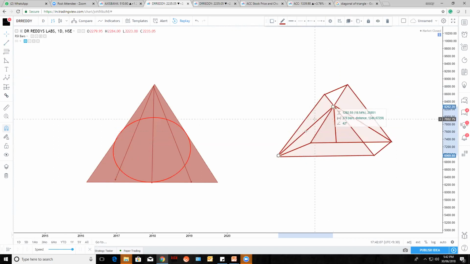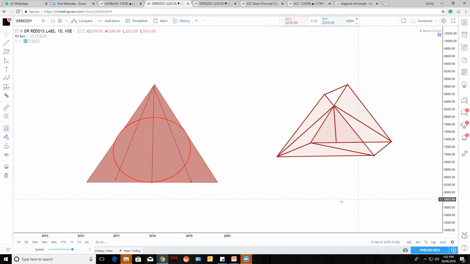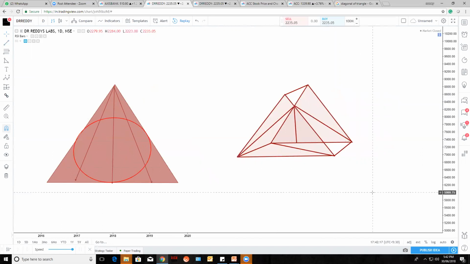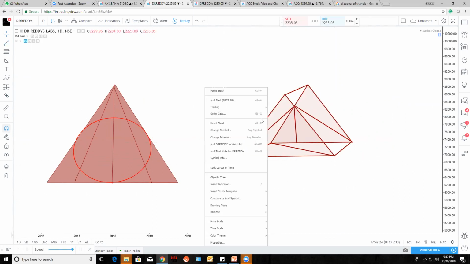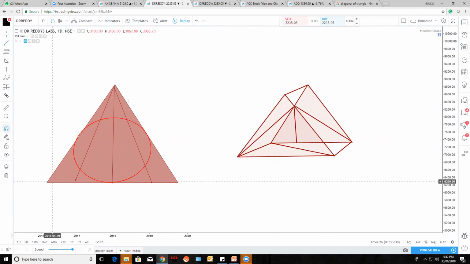Any piece in this will be a diagonal of the triangle. Got it? So any piece of this will become a diagonal. So this is a triangle, and the diagonal is a part of the triangle.